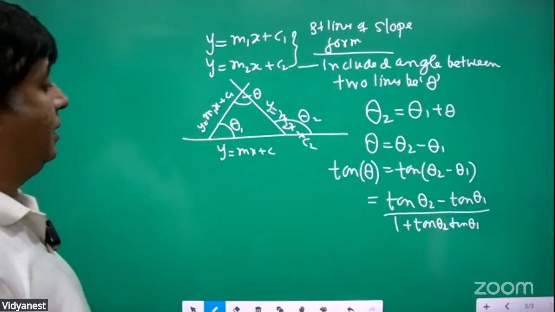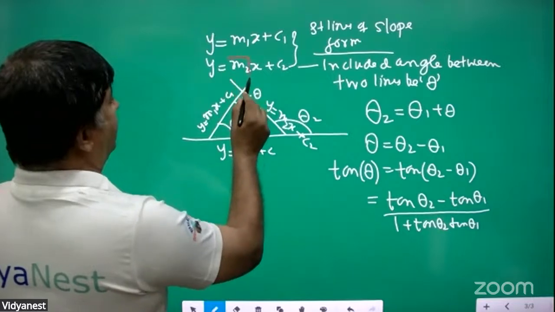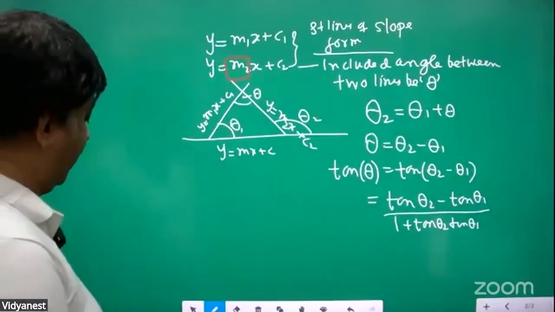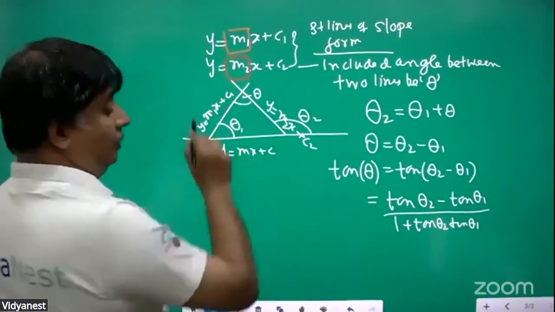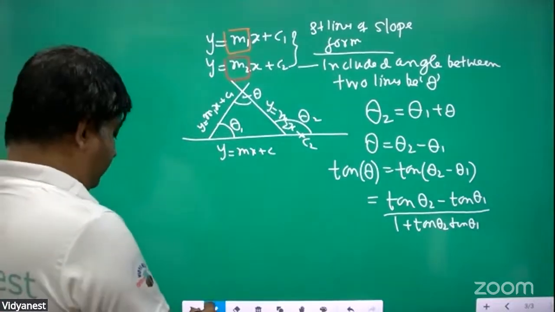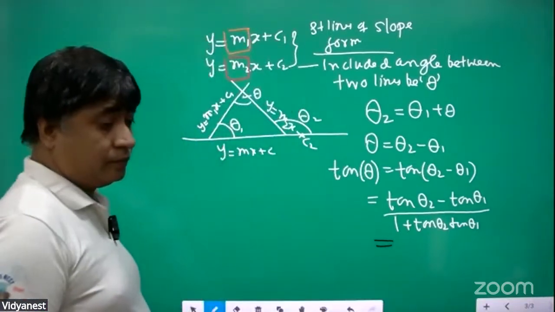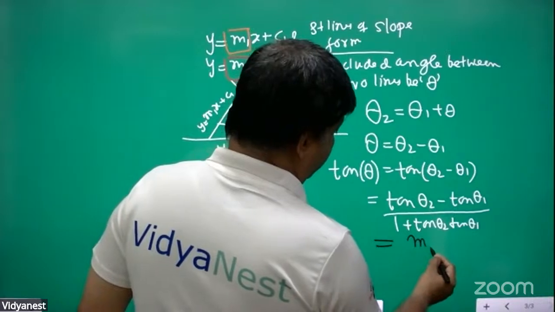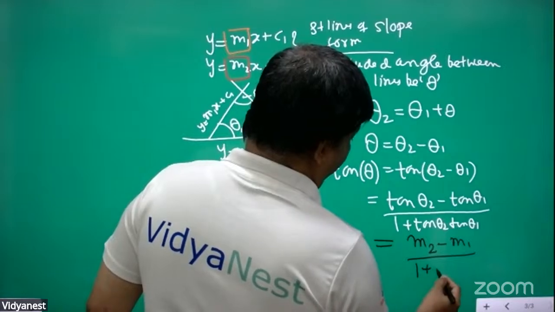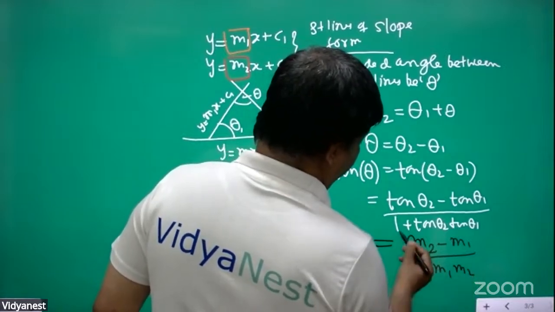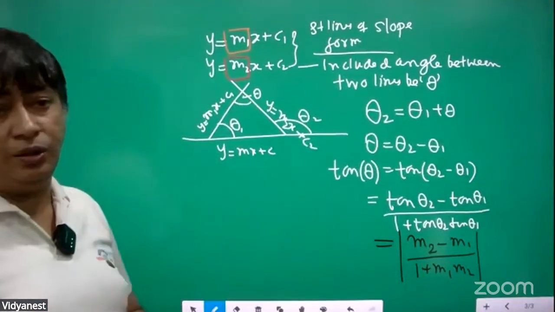Now what is tan theta 2? Tan theta 2 is nothing but m2. What is tan theta 1? It is nothing but m1. So it will be m2 minus m1 by 1 plus m1 m2. Put it in mod. This is the way of finding angle between two lines.